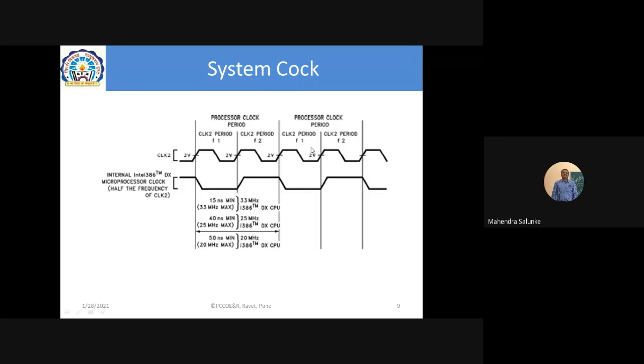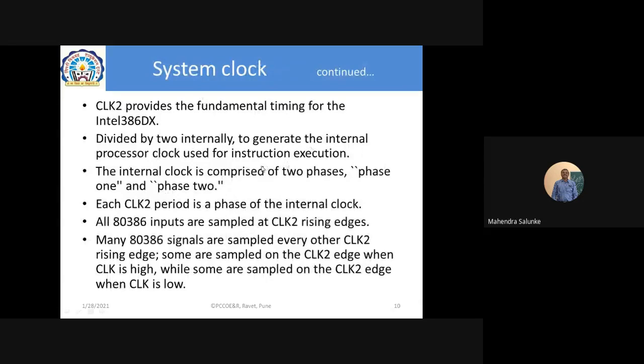Now this is the system clock that we are connecting. This understanding is important because we will be using phase 1 and phase 2 in our further discussion. So I will just repeat it.